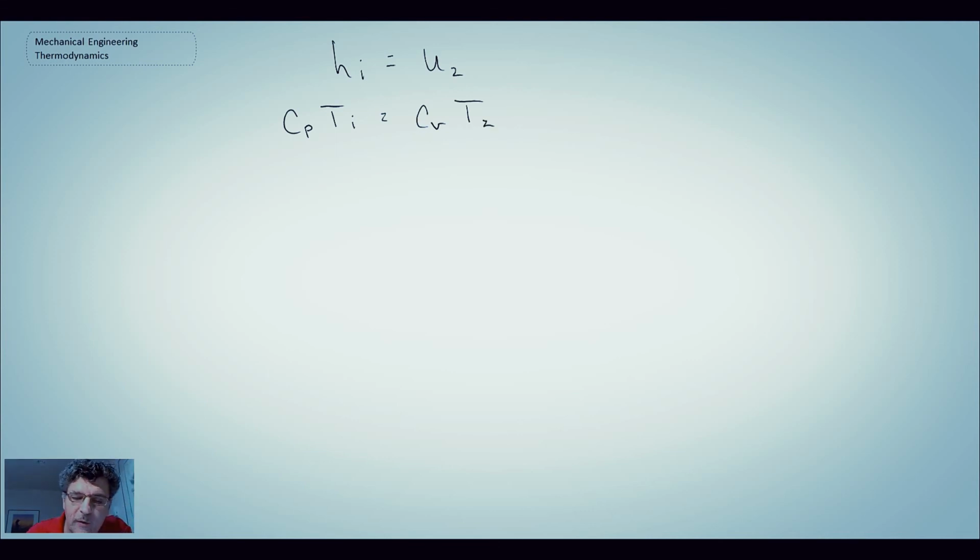Remember, we're trying to determine the final temperature in the tank. We obtain the ratio of specific heats, which we said was k, and k for air is 1.4. And T_in here needs to be in Kelvin.